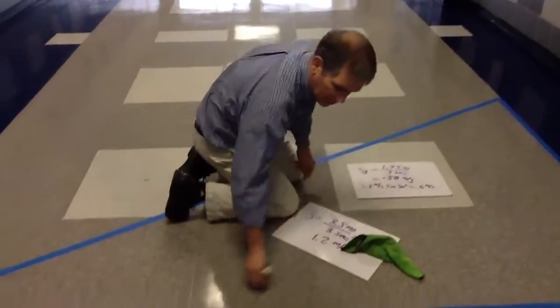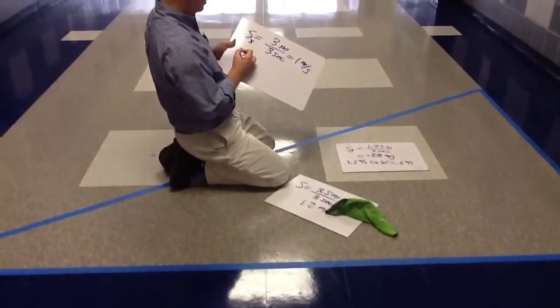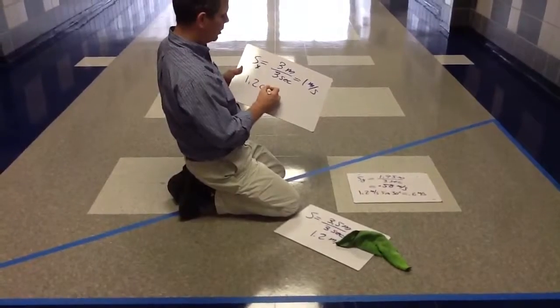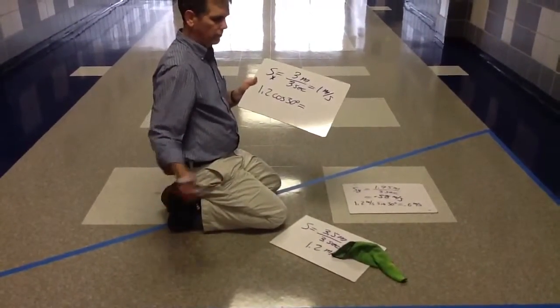Or, if I take mine times the cosine of 30 degrees, so I have 1.2 times the cosine of 30 degrees, and I get 1.